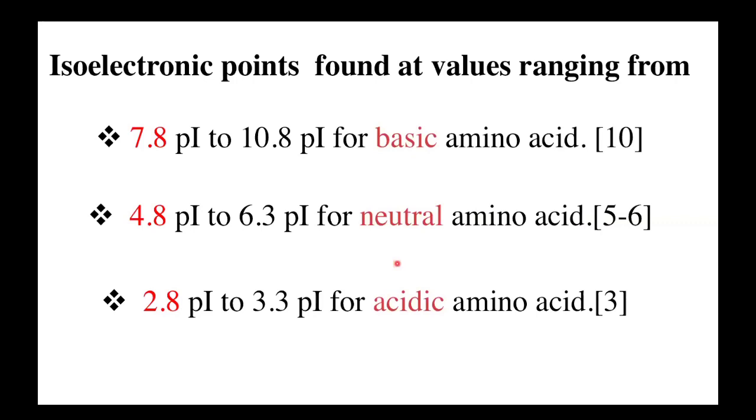Either it will move towards the cathode, or it can move towards the anode. If the pI value is greater than the pH, it will move towards the cathode, since it is slightly positive. Cathodes are negative.